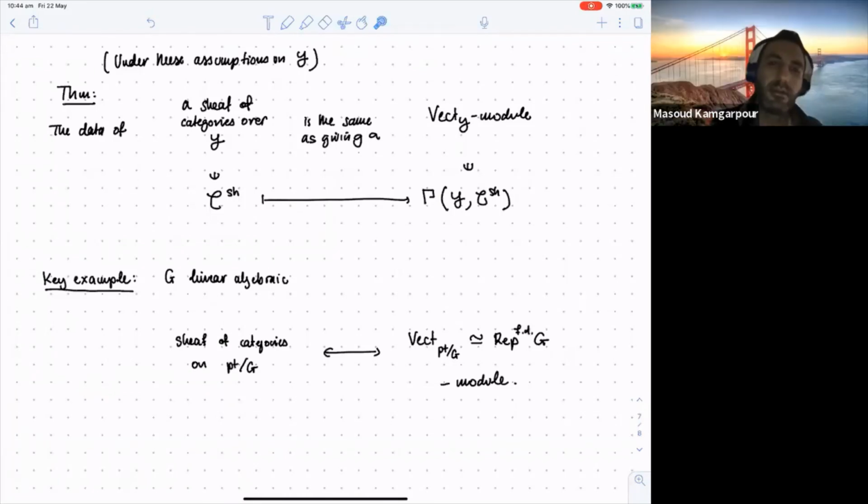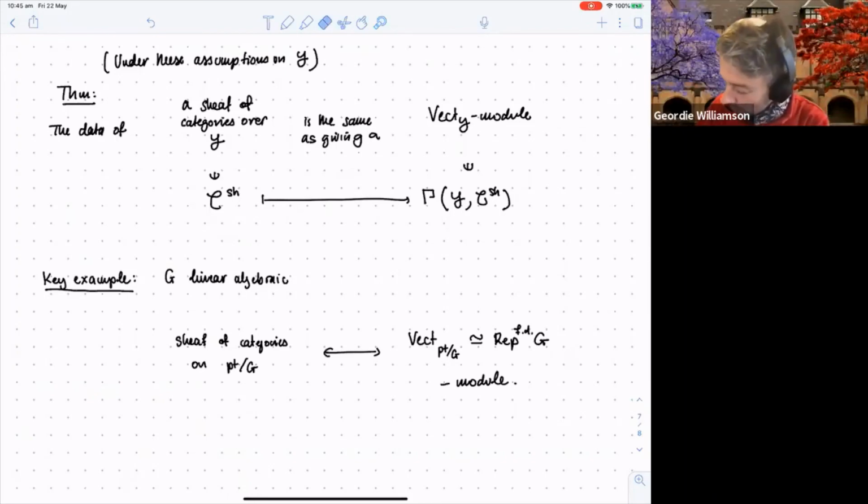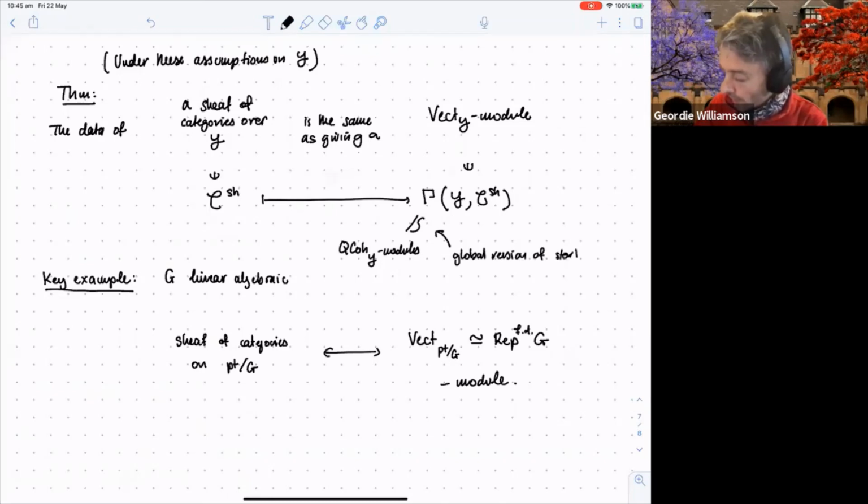Okay. So there's an intermediate here, which is QCoh(Y) modules. And these are equivalent. And this is like a kind of global version of the start of the lecture.